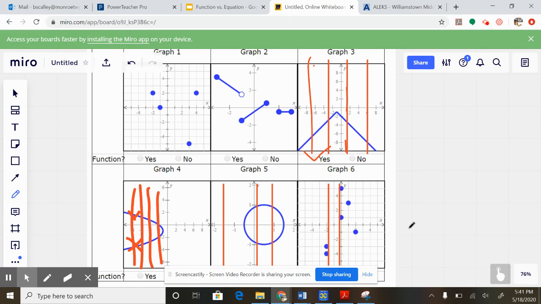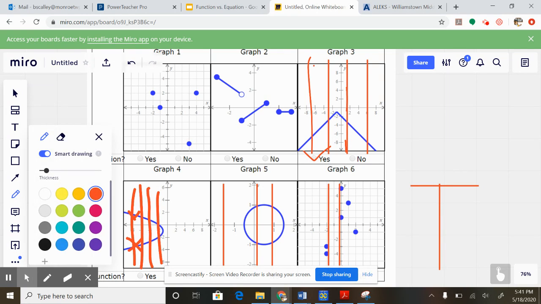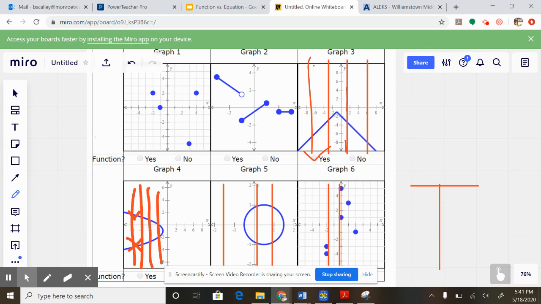And if you think about it, if I put this in a table, x, y, this point right here is 0, 1, and then this point above it is 0, 5. So what that means is I have the same input, but when I input 0, I somehow get 1 or 5.